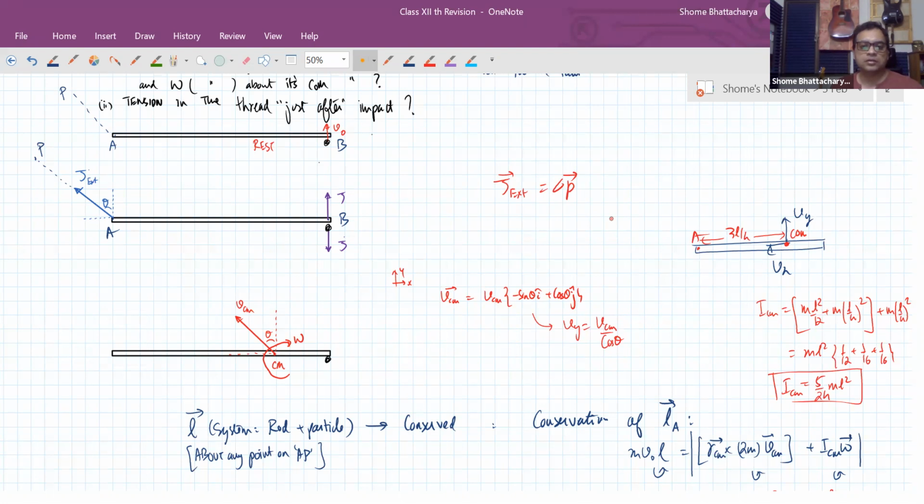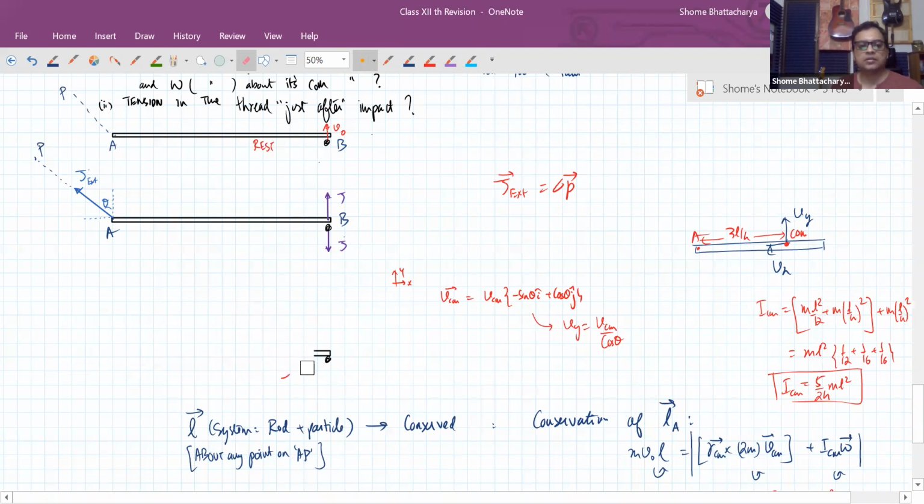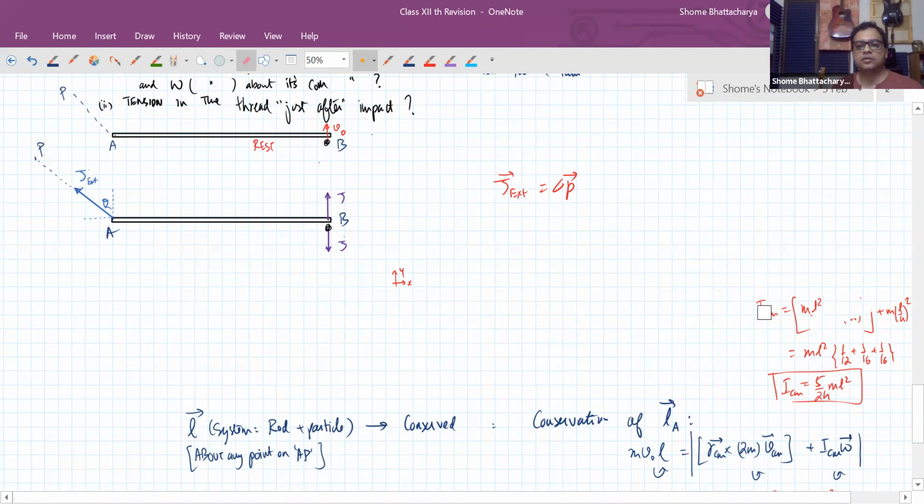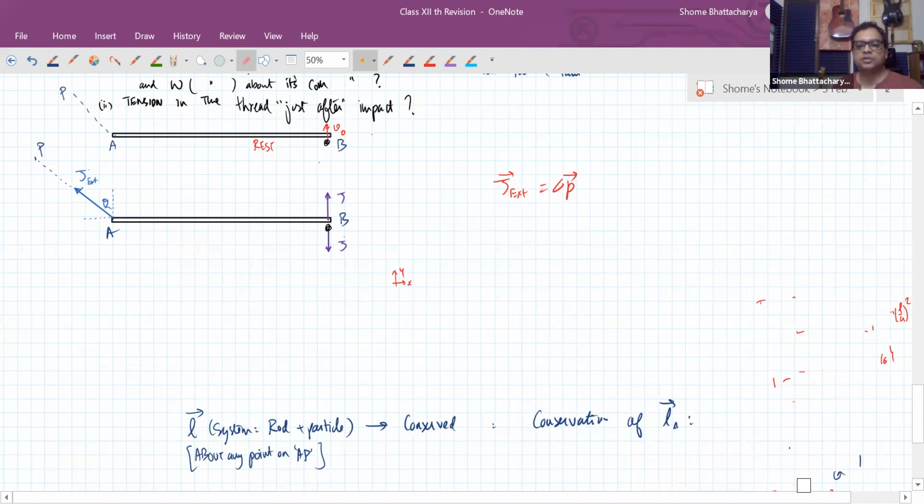So wait, that's correct, Somadev. This will be the change in linear momentum. We will have to change these equations. The V_CM will not be like this. Yes, Somadev, your point is correct. So we will apply this now. Our equations were correct, but with the values we'll have to be a little extra careful.